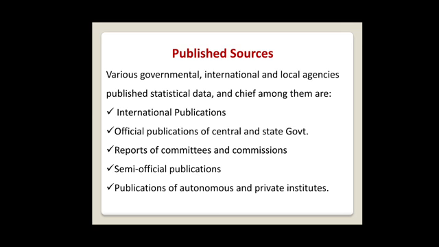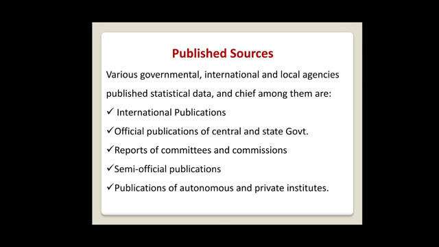Students, the third important source of published information is reports of committees and commissions. Central government or state government sometimes appoints committees and commissions on matters of great significance. Reports of such committees are of good significance as they provide valuable data.